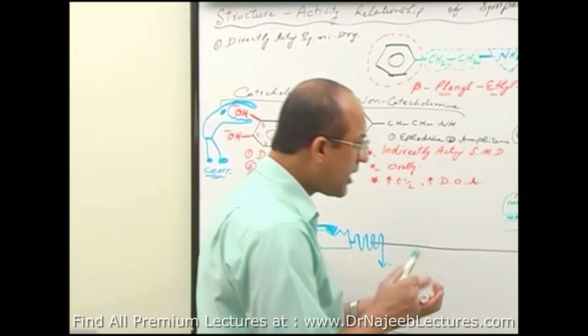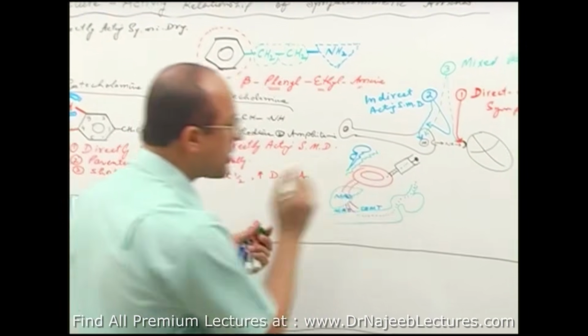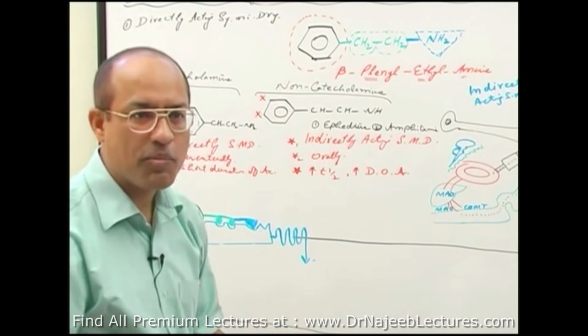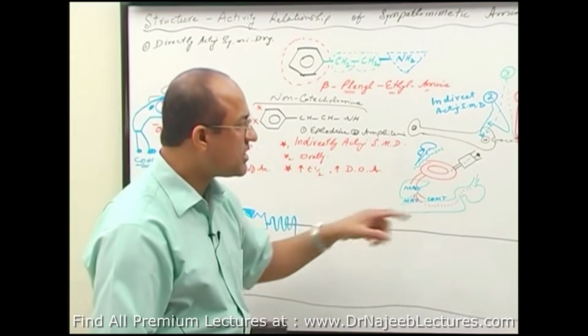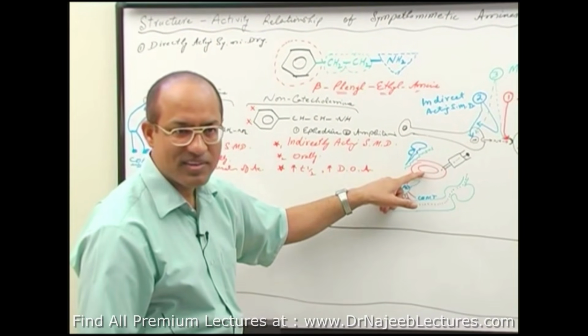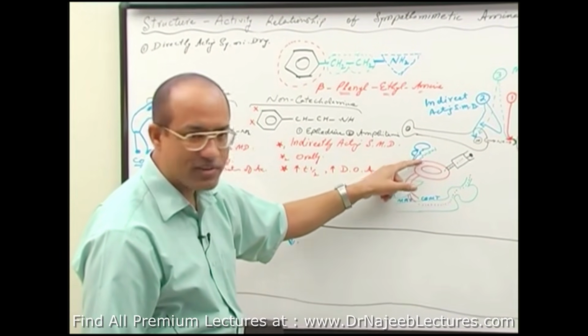Here is the blood-brain barrier. This is also a biological barrier made of lipids. Catecholamines are highly polar compounds. Even though they are given parenterally, can they go to the central nervous system?